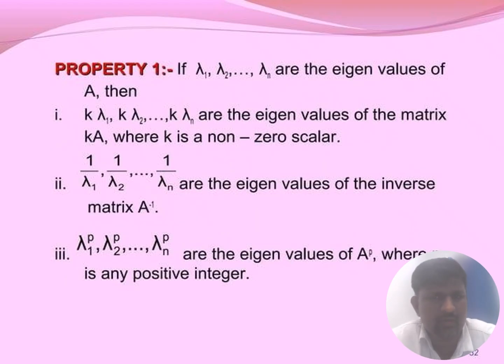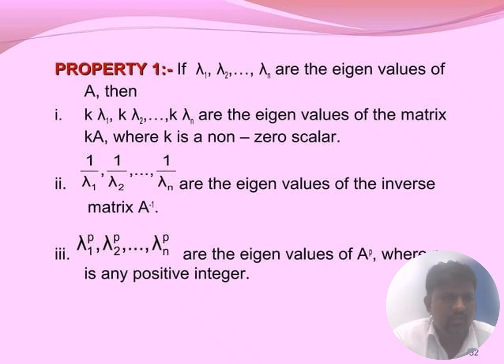Similarly, we can define other properties. If lambda 1, lambda 2 and so on up to lambda n are the eigenvalues of A, we can define the following three conditions. K lambda 1, K lambda 2 up to K lambda n are the eigenvalues of the matrix KA, where K is a non-zero scalar. Next, the second: if lambda 1, lambda 2 up to lambda n are the eigenvalues of A, then 1 by lambda 1, 1 by lambda 2 and so on up to 1 by lambda n are the eigenvalues of A inverse.